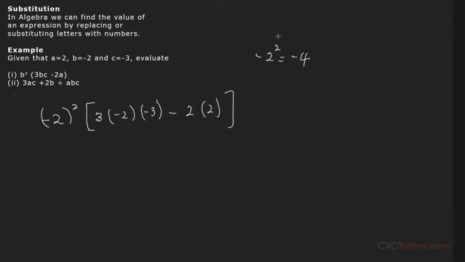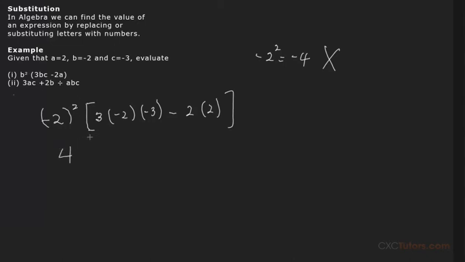Negative 2 all squared means negative 2 multiplied by negative 2. So this is a no-no. If we are multiplying two negative values, then we must get a positive result. And it is easier for you to put the negative in the bracket, and then you will realize that everything will be squared. So negative 2 squared is equal to 4.